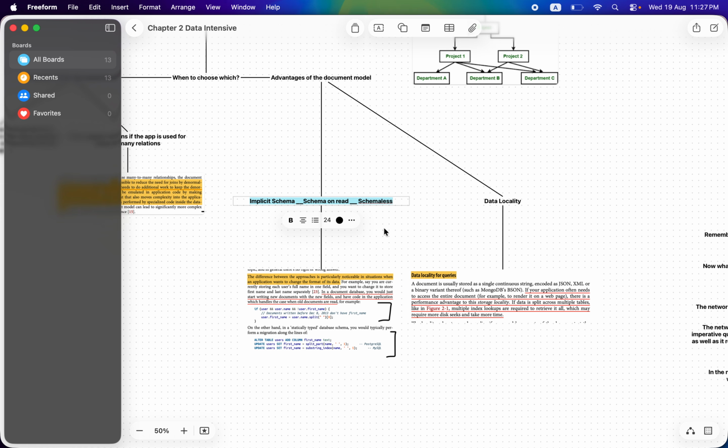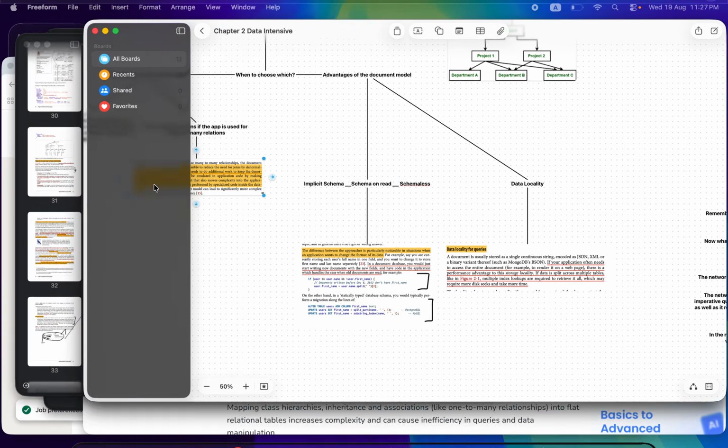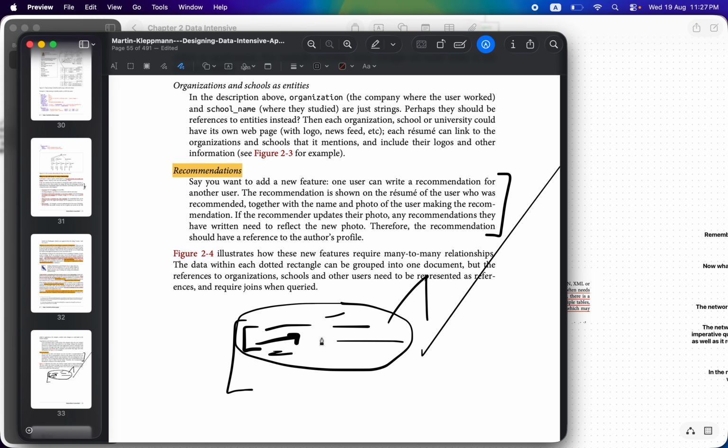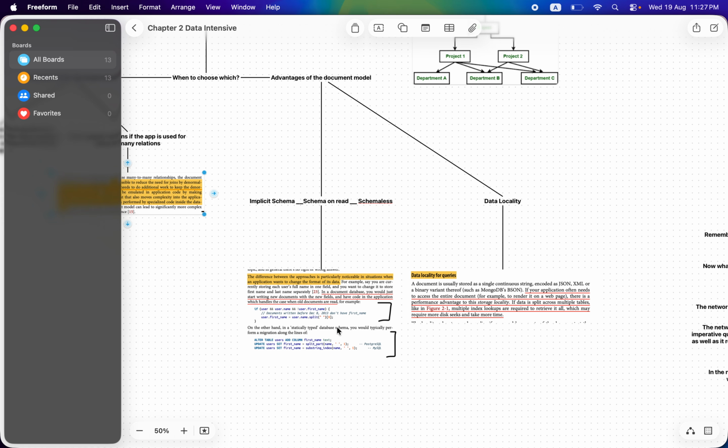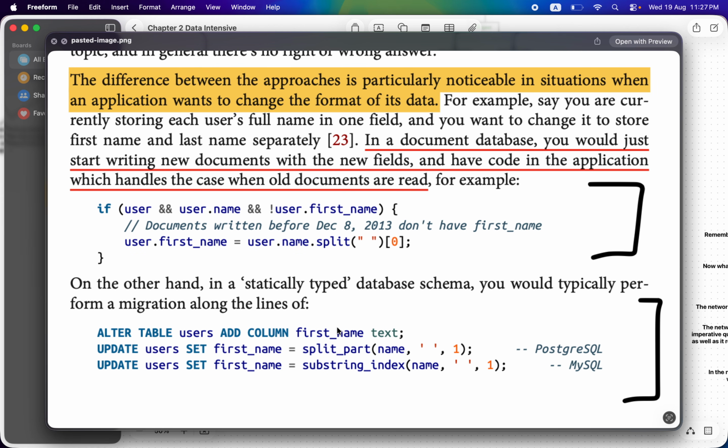However, we are handling this schema. As we mentioned in here, we have first name, second name. For some reason I decided to have full name. The database won't shout at me or anything, and I can just handle it from my side, in the application side. And that's what it is saying in here.